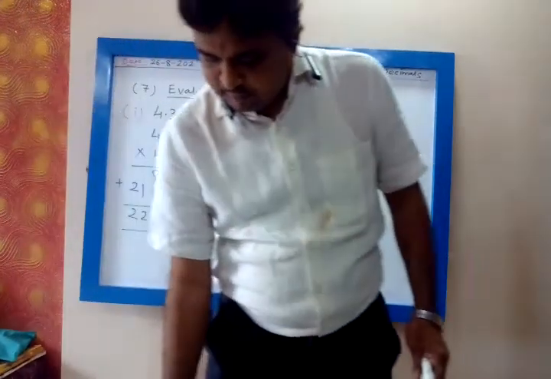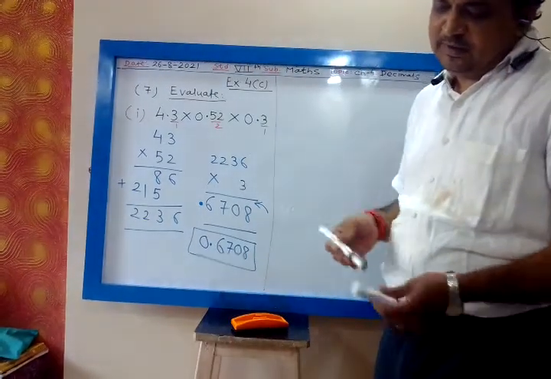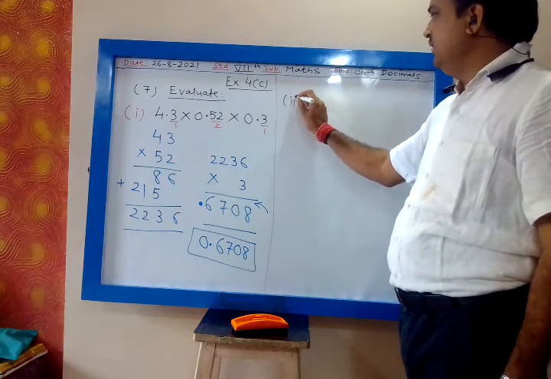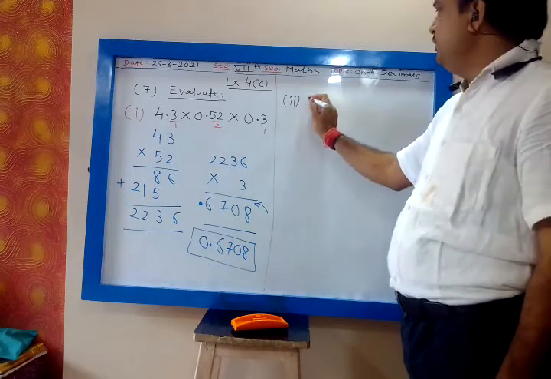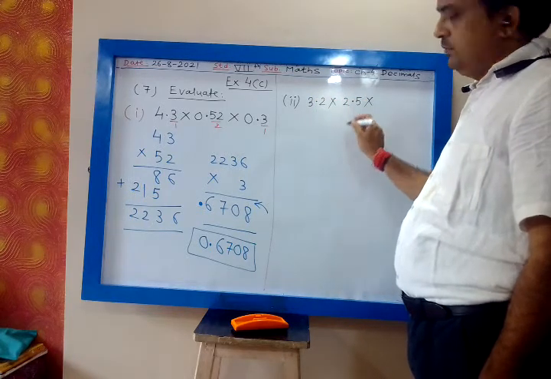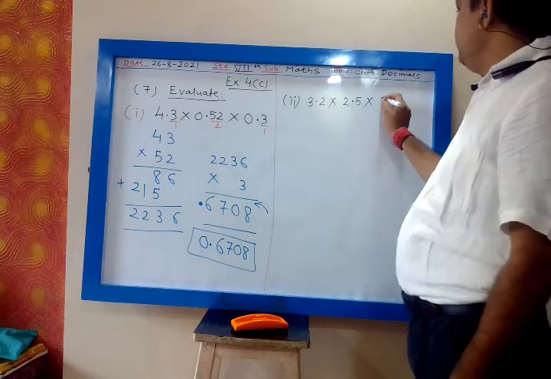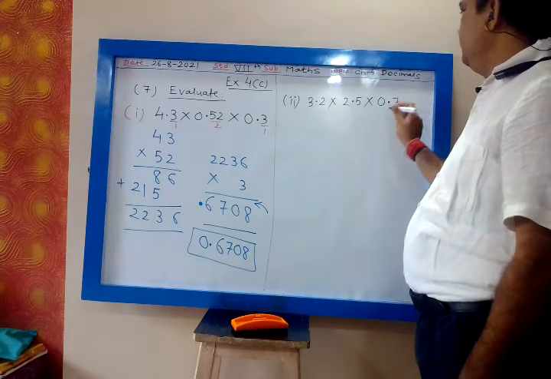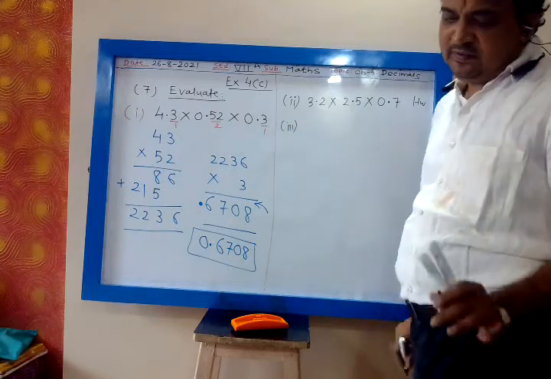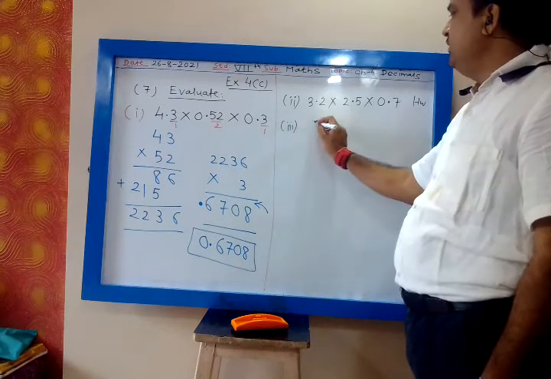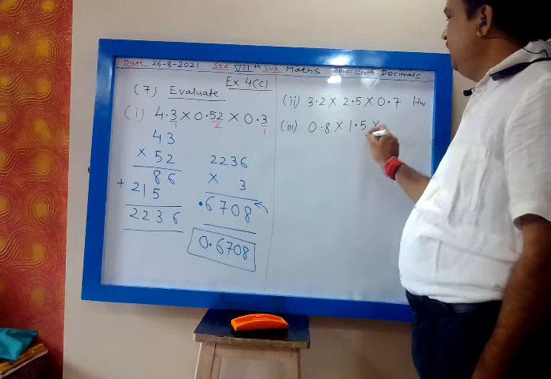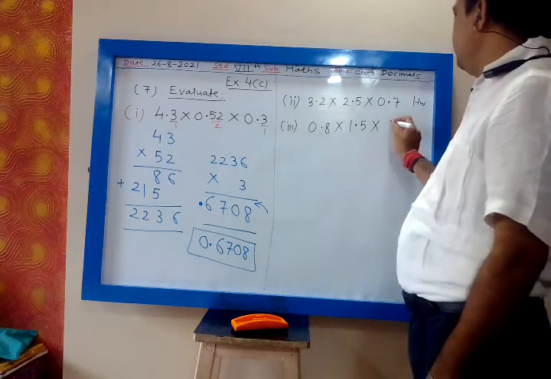Should I give the remaining problems as homework, because we have already seen all the multiplication? So let us write the questions at least. 3.2 into 2.5 into 0.7. Okay. Then third multiplication: 0.8 into 1.5 into 0.6.